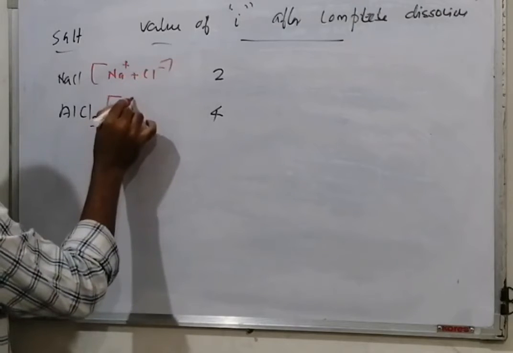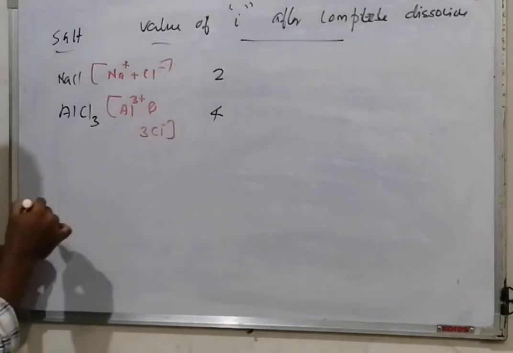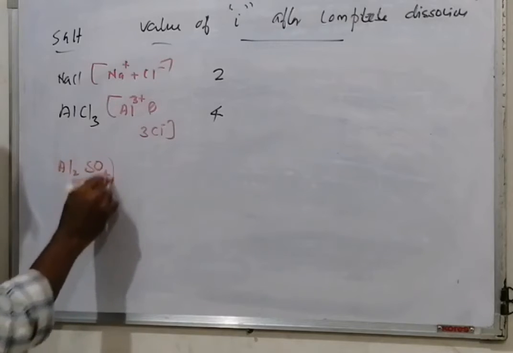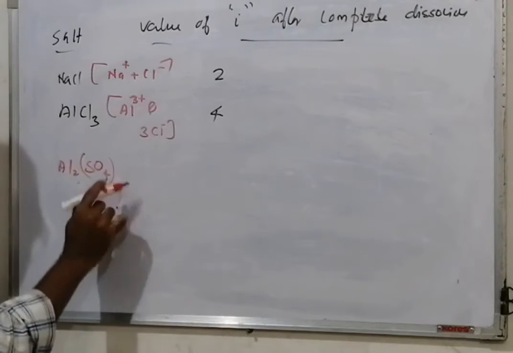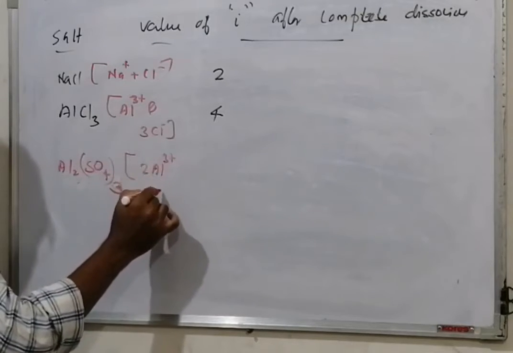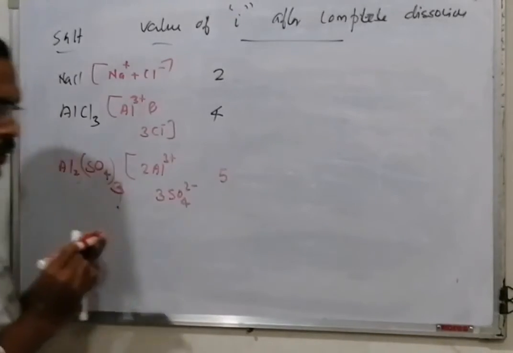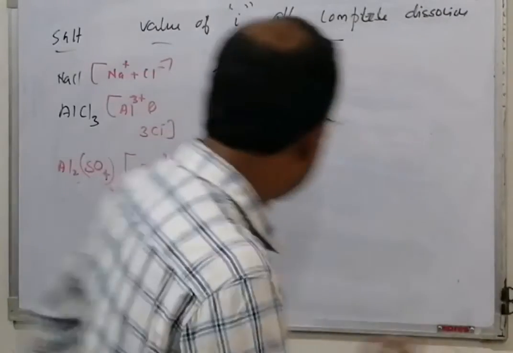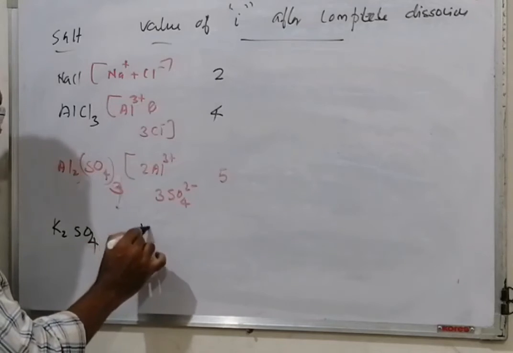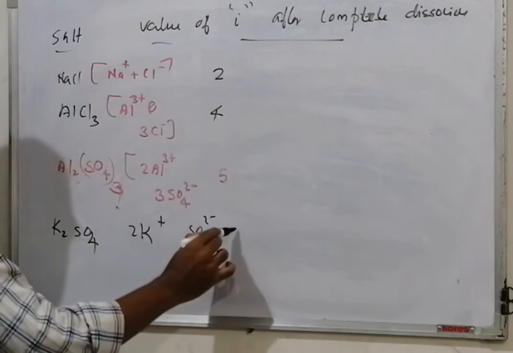This is Al3 plus and 3 Cl minus. Now Al2(SO4)3. Therefore 2 Al3 plus and 3 SO4 2 minus. Total 5. Okay. K2SO4: 2K plus and SO4 2 minus, that is 3.